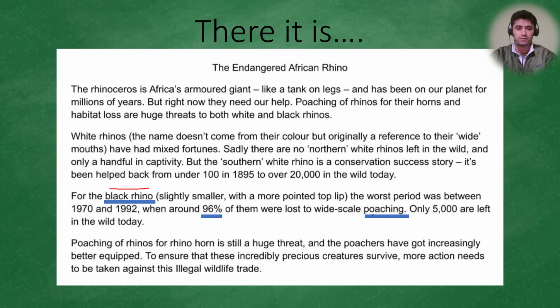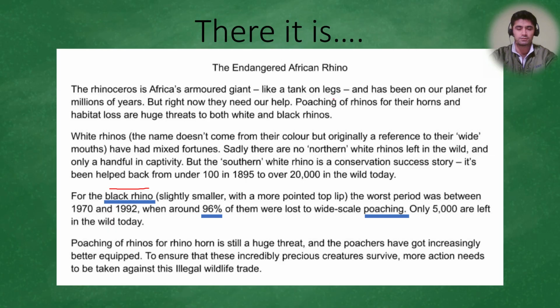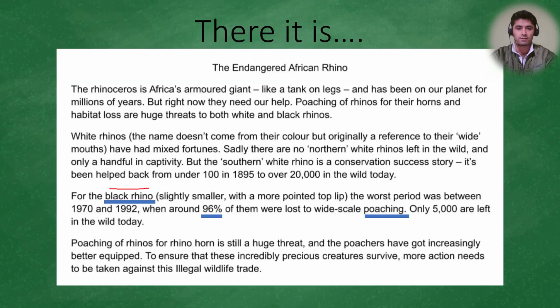Looking back at our question, it was what percentage of black rhinos had been illegally killed. So the percentage here is 96. 96% of them were killed at that time.